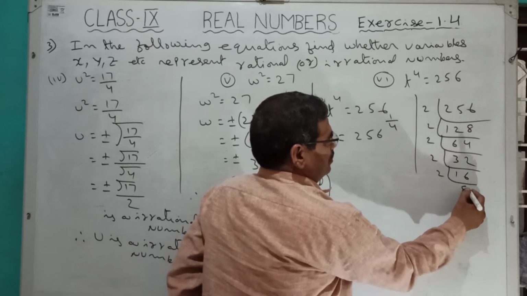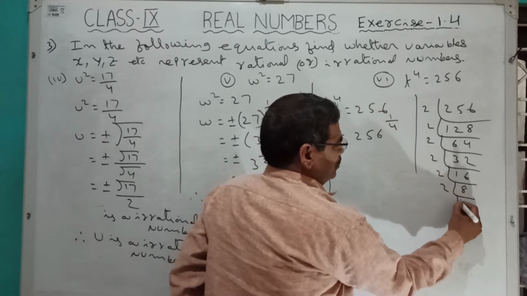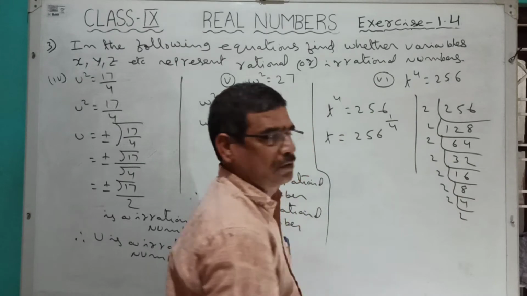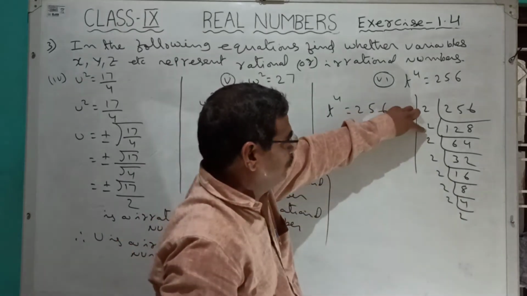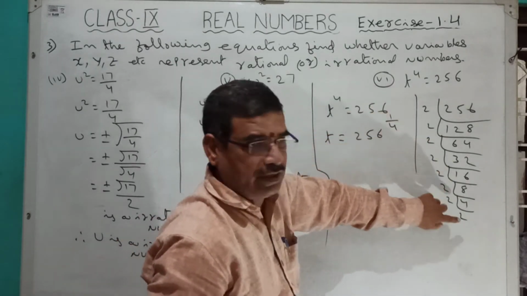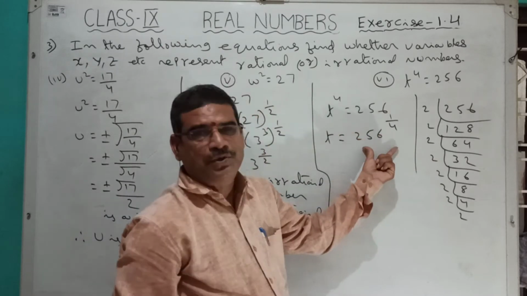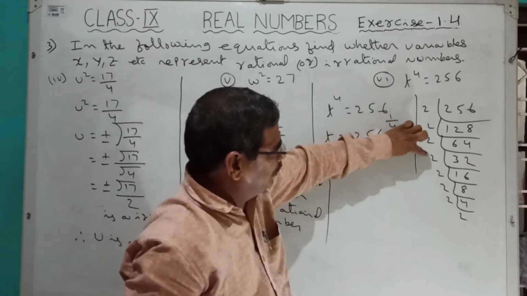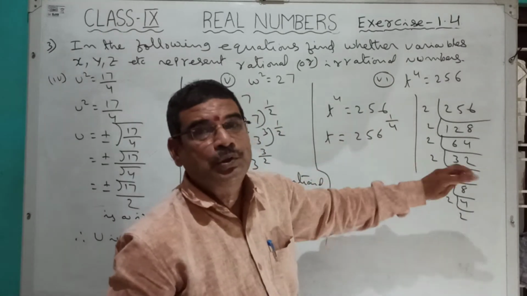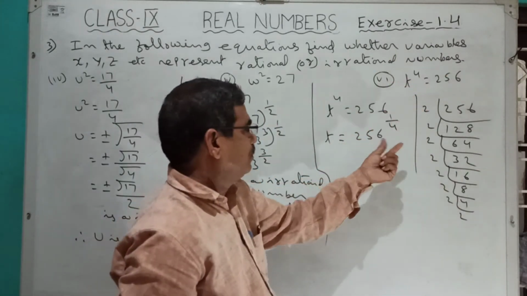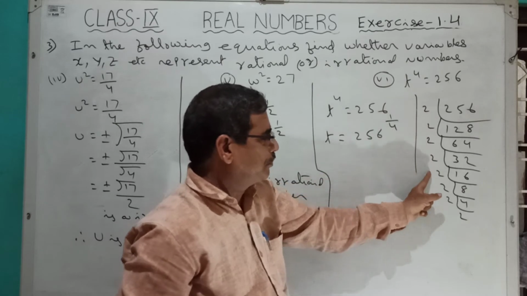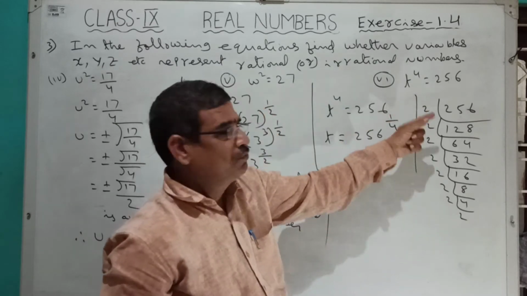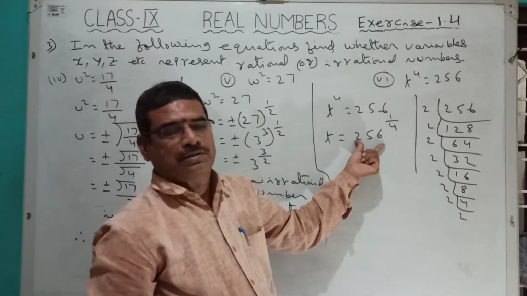Again 2 ones, 2 sixes. Again 2 eights, 2 fours, 2 twos. See how many 2s came? 1, 2, 3, 4, 5, 6, 7, 8. So instead of writing 256, I will write 2 power 8. By multiplying all these 2s, we get 256.